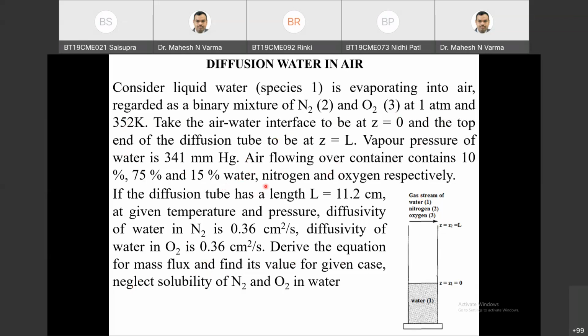Air is flowing over the container, with the liquid and its interface. You need to derive the equation and find the value for the given flux. So what will be the value of flux, and what equation will you be using? This is what I was telling.